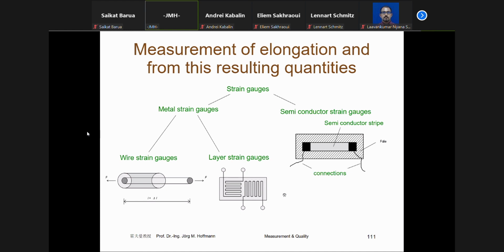But the metal strain gauges are not so sensitive, but we have amplifiers today. And you see here the principle: you have the strain gauge and you elongate it a little bit, this delta of the length, and you see the metal will be longer, and because the volume is constant, it must be smaller.